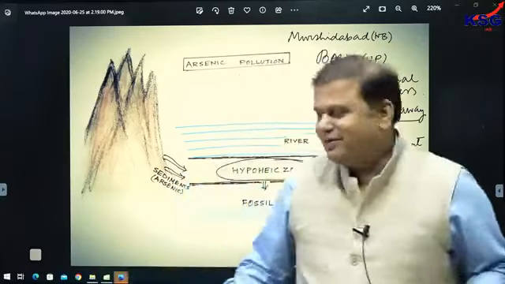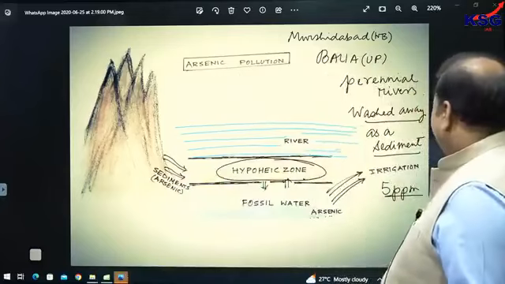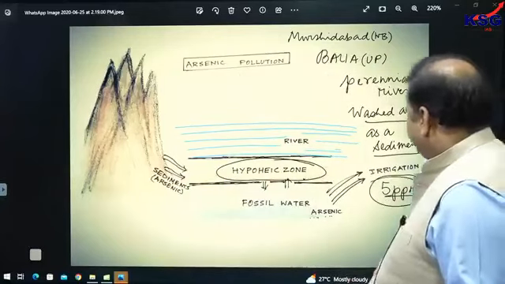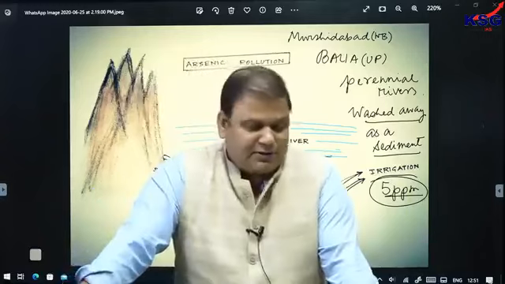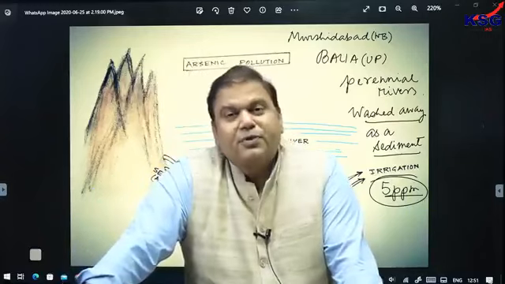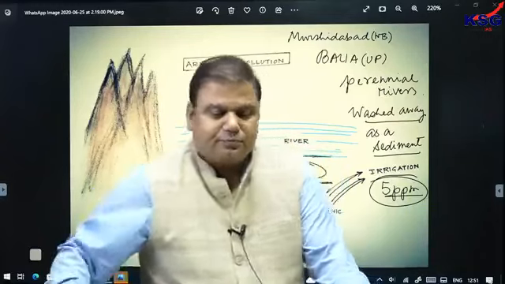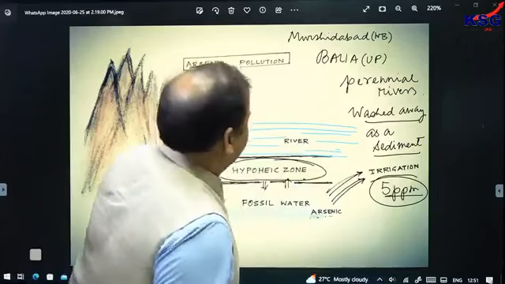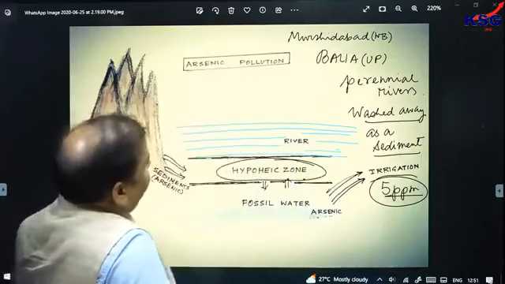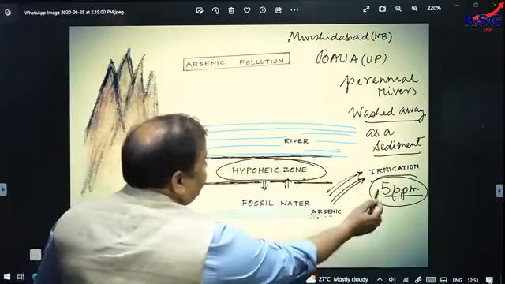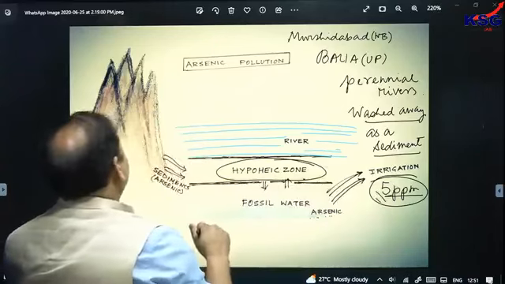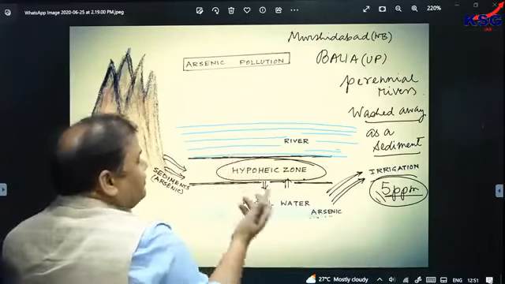Now the second thing you have to know: the government of India says 50 ppm, but don't write these things. The noise levels also differ.